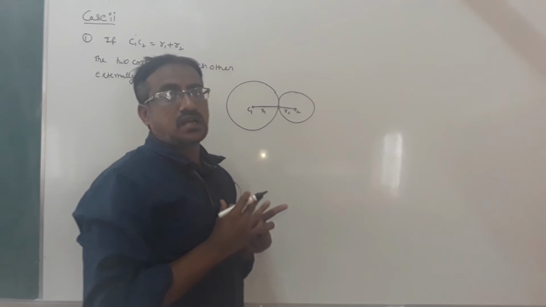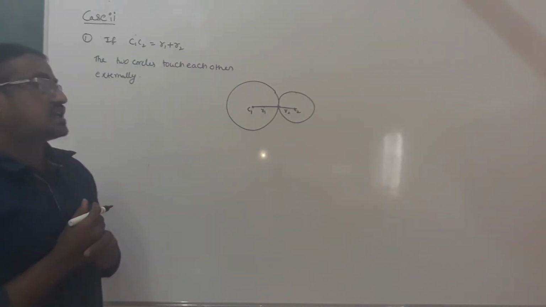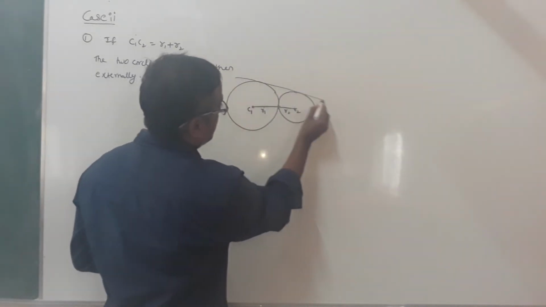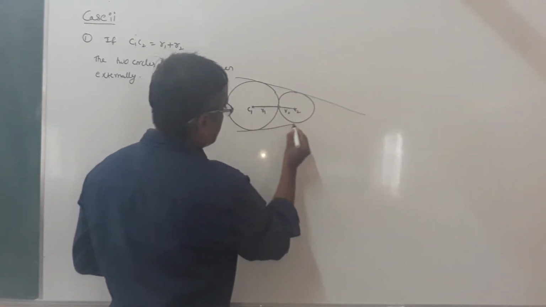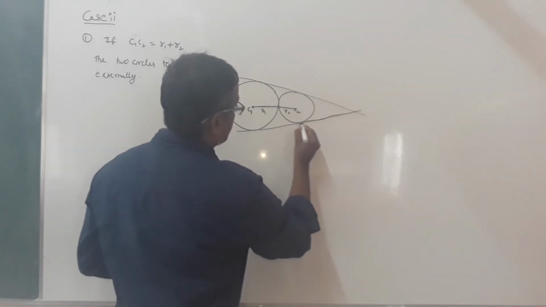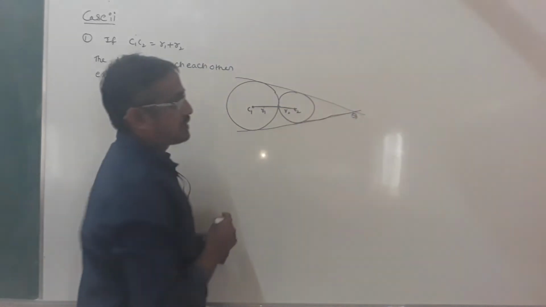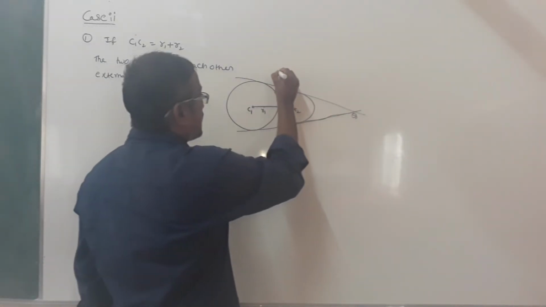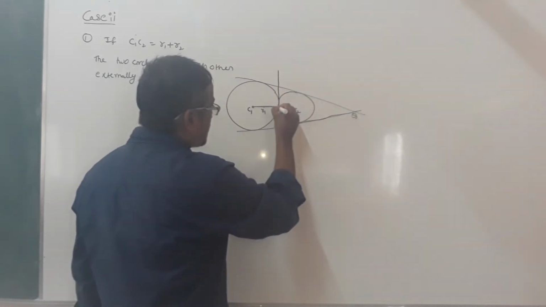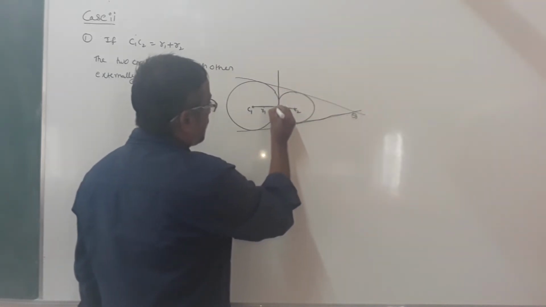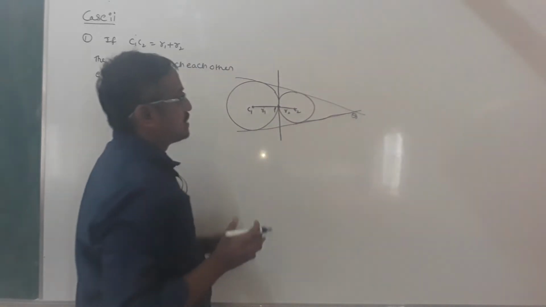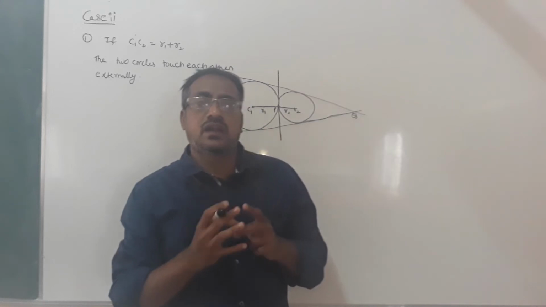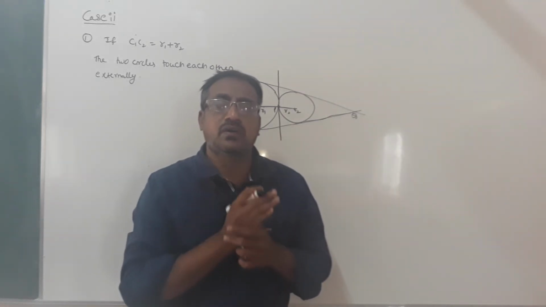Now let us think about the common tangents that we can draw to these circles. This is one common tangent. This is another common tangent. So you can draw one pair of direct common tangents. And you can draw one common tangent at the point of contact, meaning the two circles touch each other at some point, and you can draw a common tangent at that point.